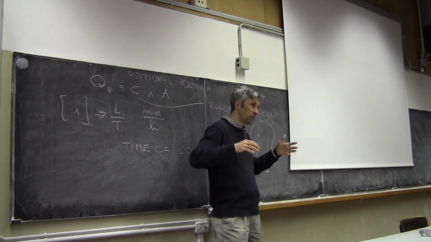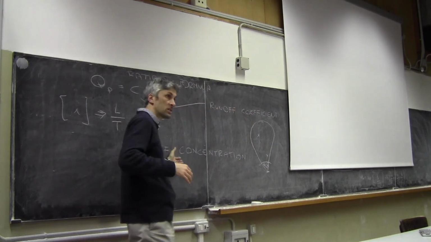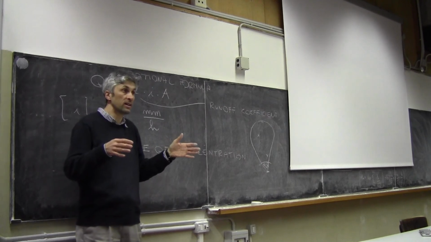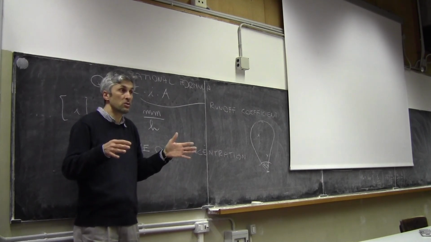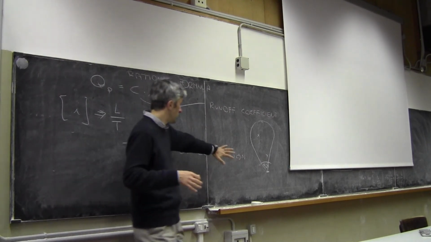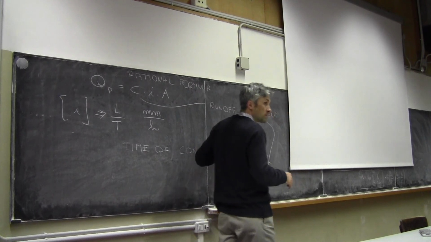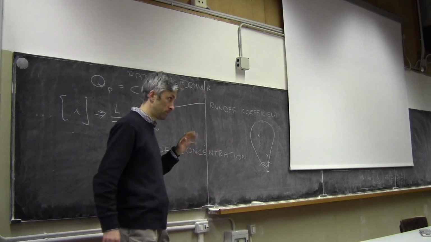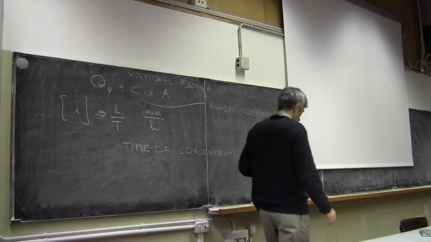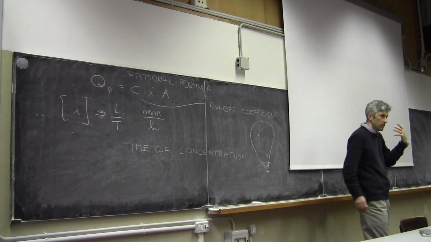Because if you have a time of concentration of 10 hours and it rains for 10 hours, then after 10 hours you have all the drops contributing to the river flow. It's clear? So you can understand the reasoning.